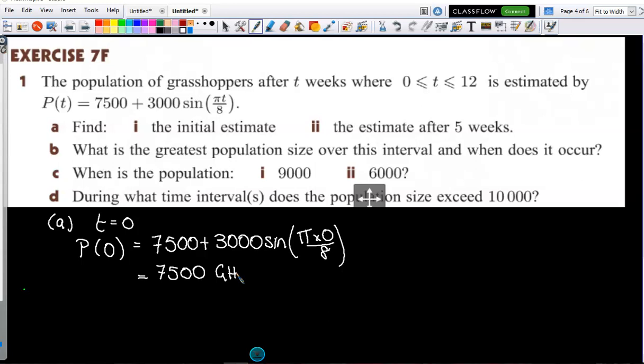Right? So what is the estimate after 5 weeks? Oh my goodness. Well, we will say T equals 5. P of 5 equals 7,500 plus 3,000.